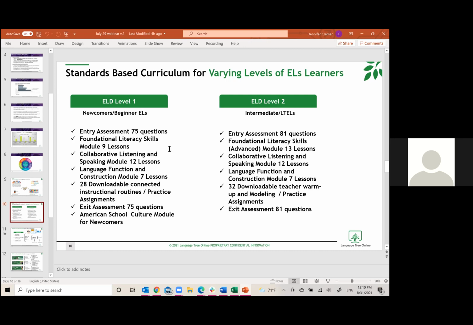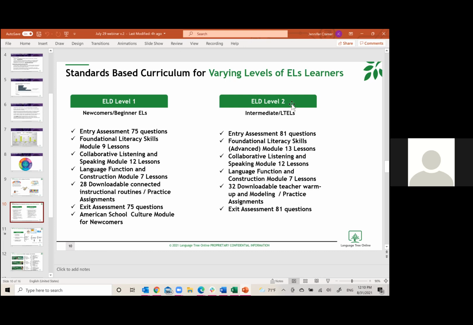And then we have our online lessons that fall into foundational literacy skills, collaborative listening and speaking, and language function and construction. And then we also have downloadable resources for educators that help support those students in small group or whole class instruction. And again, reinforce that language function or skill and complement each of the online lessons.